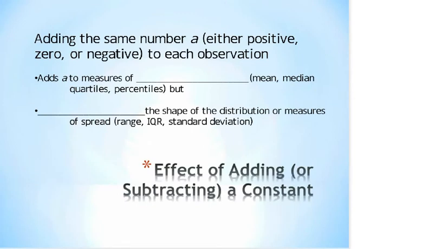All right. So one thing that we can do to transform data is add or subtract the same number, either a positive, a negative, or a 0, to each observation. And when we do that, when we add it to measures of center and location, such as the mean, the median, quartiles, and percents, it just simply adds the number to it.